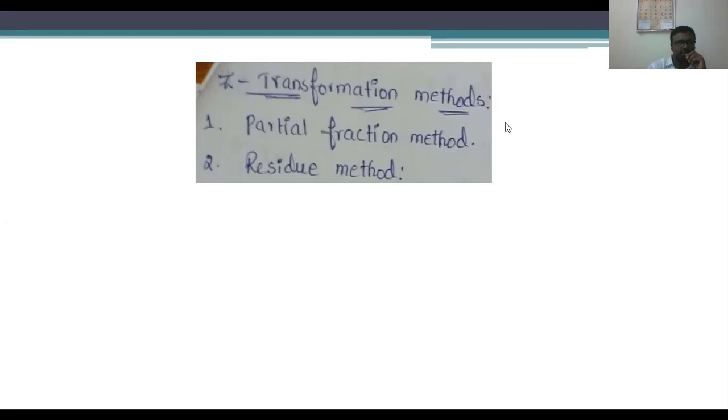In this class, we will see how the partial fraction method is applied for obtaining the Z transform, and how the residue method is applied for certain sets of equations. We will discuss the first method, that is, the partial fraction method.